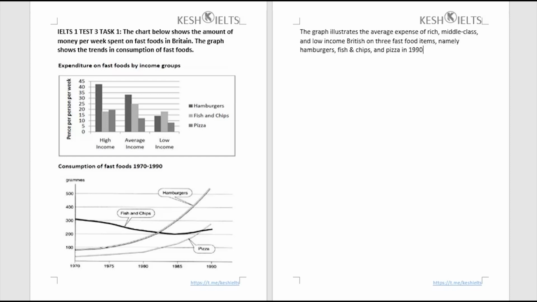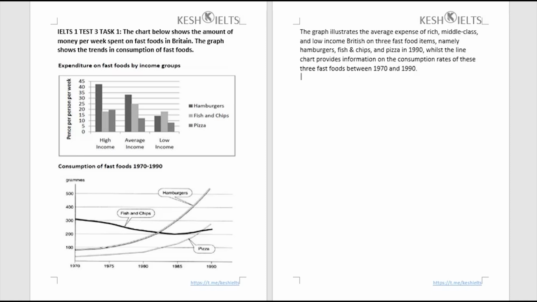In 1990, okay, it's given 1990, whilst the line chart provides information on the consumption rates of these three fast foods between 1970 and 1990.